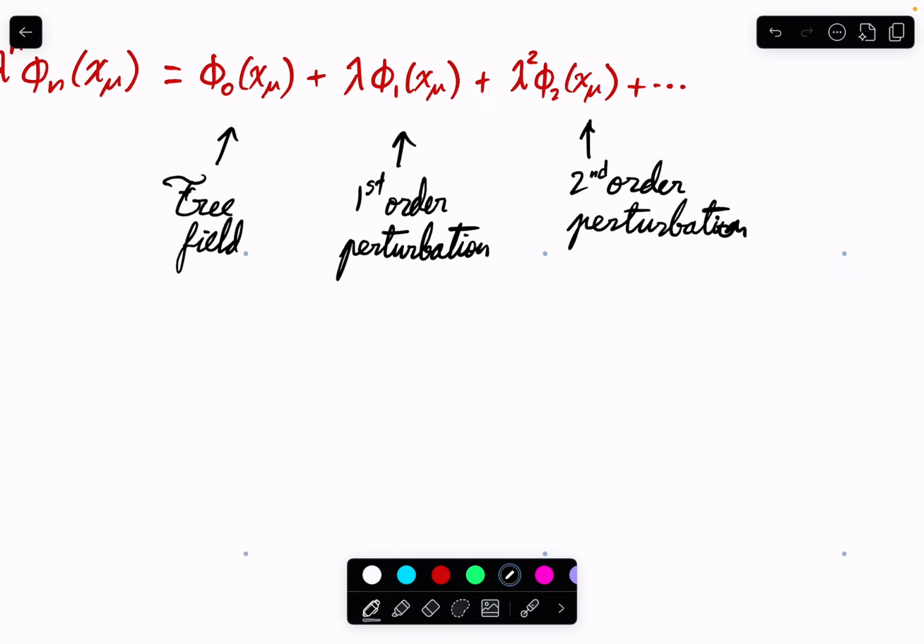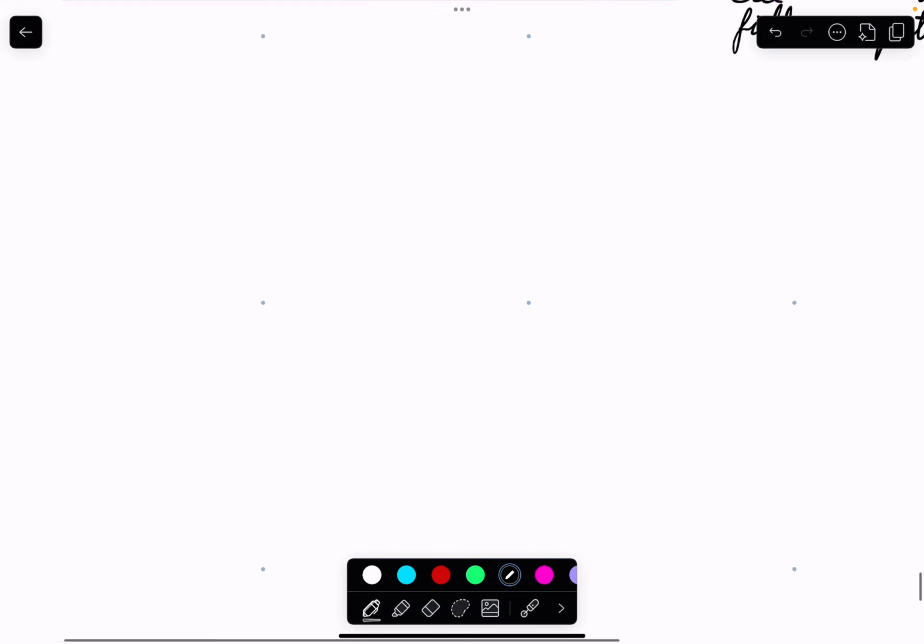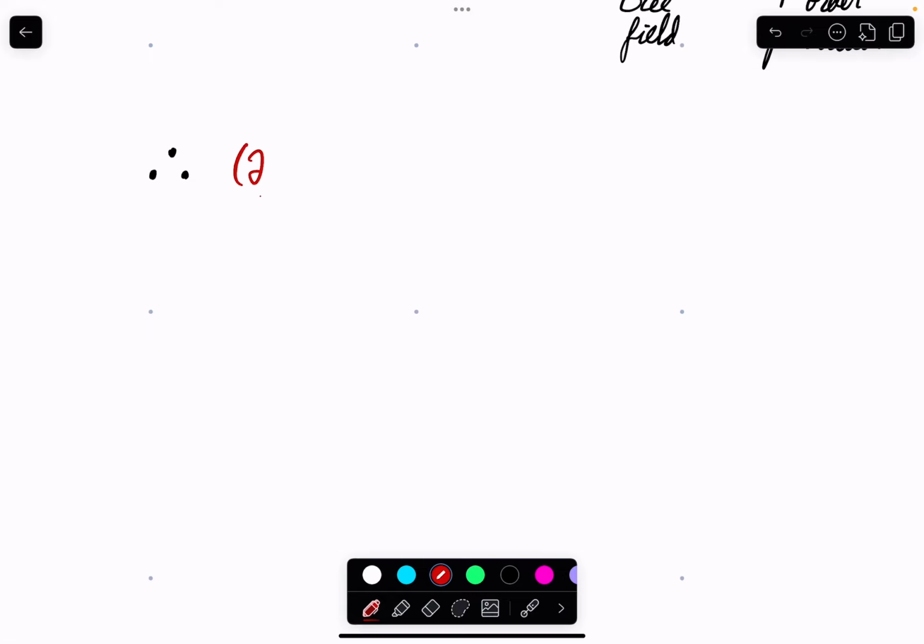Okay. So let's plug this into the Klein-Gordon equation. So plugging this into the Klein-Gordon equation, I get partial mu plus mu squared phi equals 1 over 3 factorial lambda phi cubed.